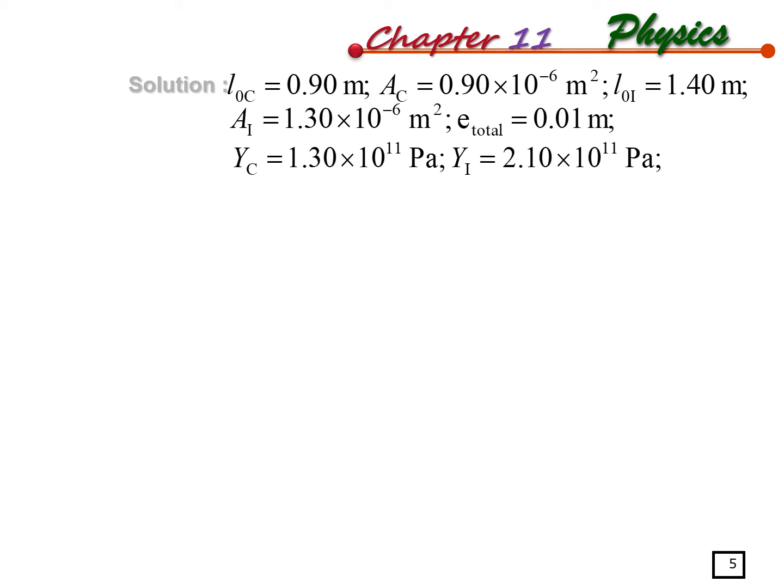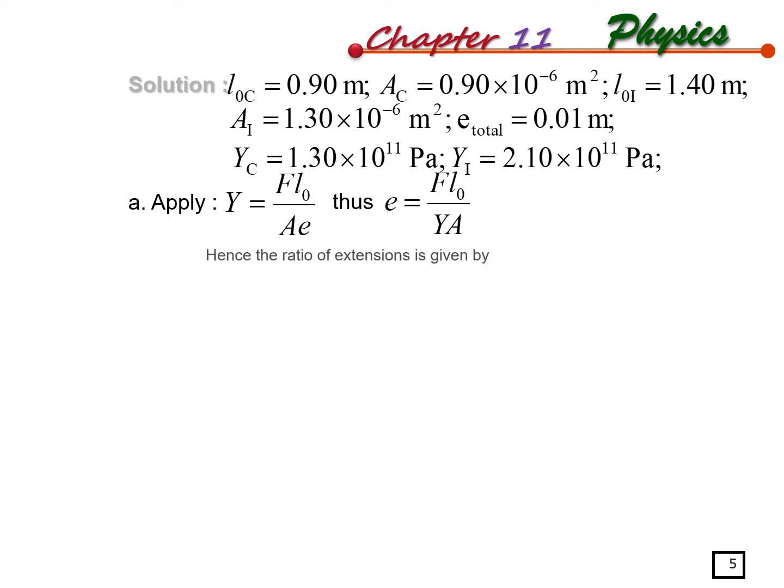And then over here we have e total extension, and then Young modulus for each copper and also for iron. Okay, so the equation for Young modulus is given. So what we do is that we are going to determine the ratio of elongation. So we rearrange in terms of e.